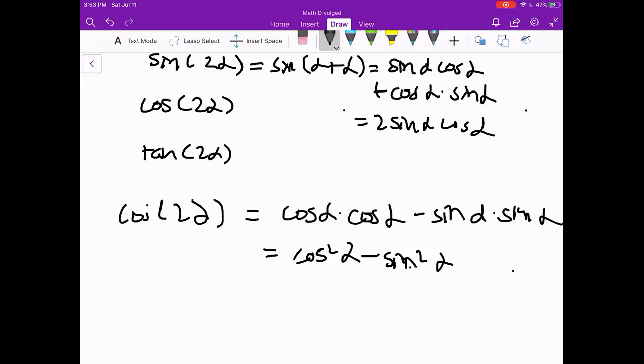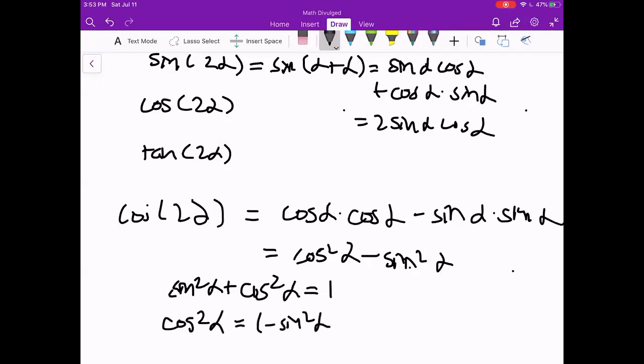And if we use the property that sine squared alpha plus cosine squared alpha equals 1, then that means that cosine squared alpha is equal to 1 minus sine squared alpha.